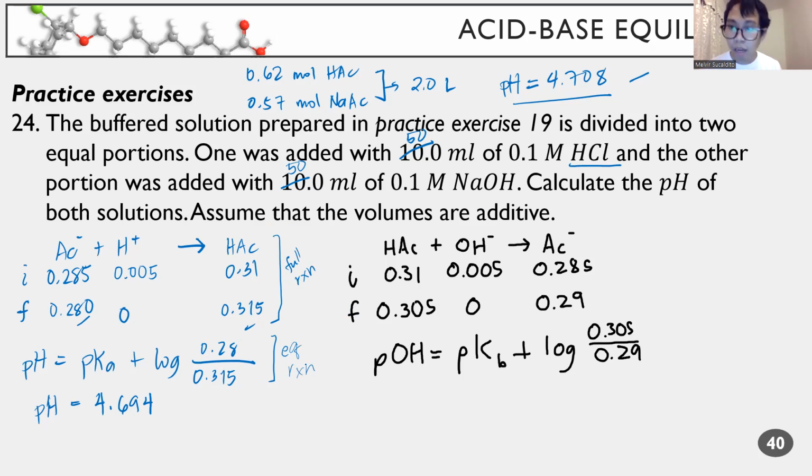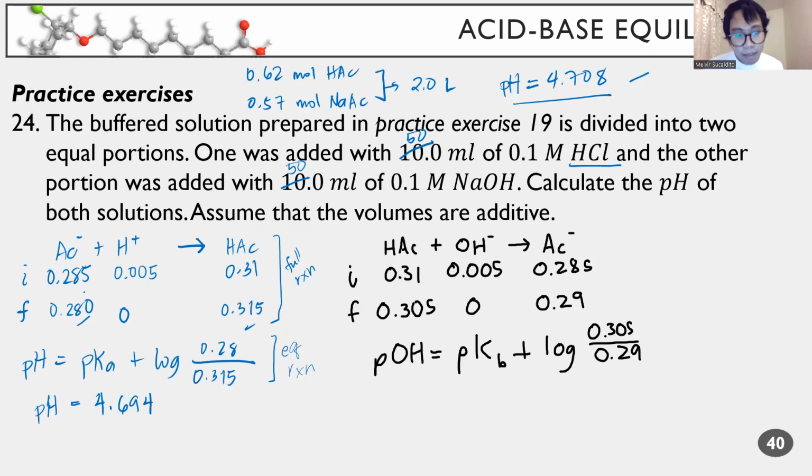Now, yung H plus or OH minus, yung effect nila doon sa mixture, natatapos na sa part na to. Okay? After you calculated for the final amount of acetate ion and acetic acid, hanggang dun lang yung effect nung added H plus or added HCl.